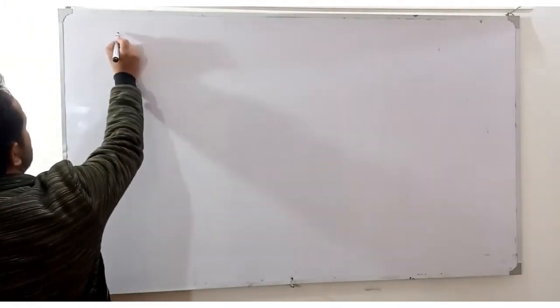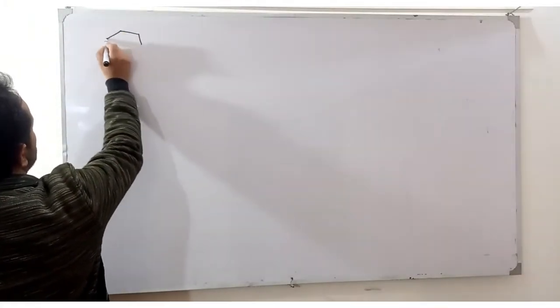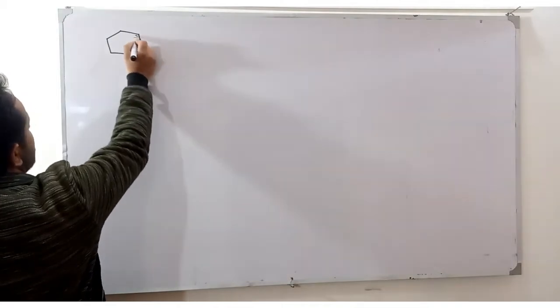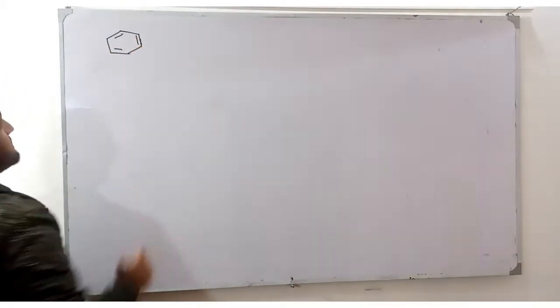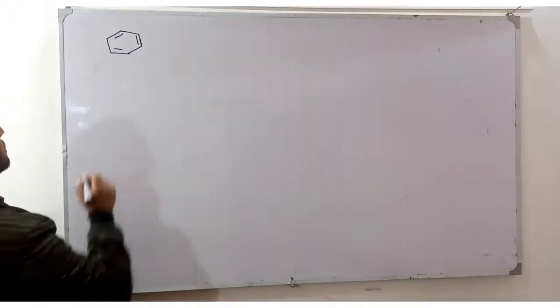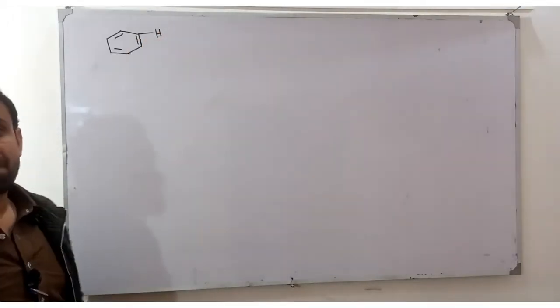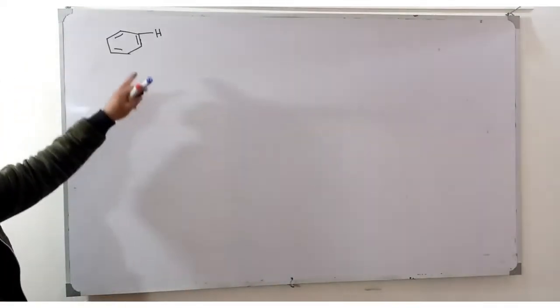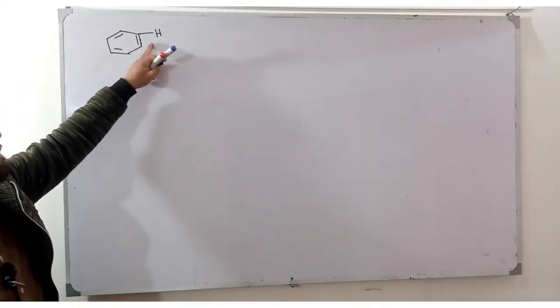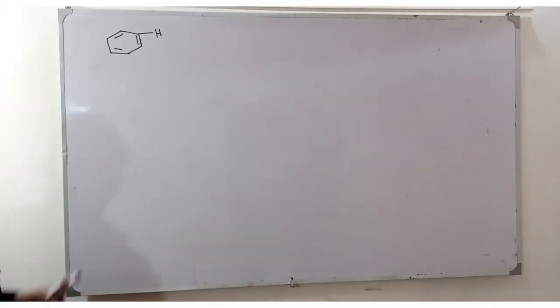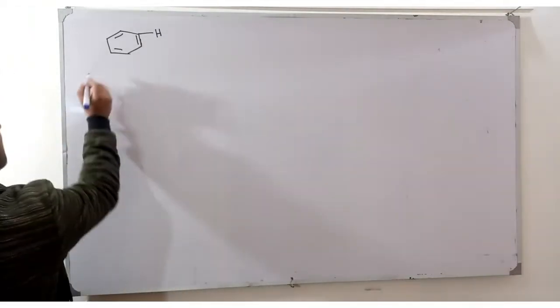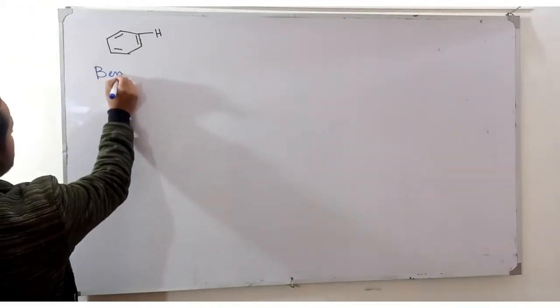You know, students, suppose this is a benzene molecule. We know that the benzene molecule is composed of 6 carbon and 6 hydrogen atoms. Here I show one of the hydrogen atoms of the benzene ring because I want to do the reaction with this hydrogen atom of the benzene ring. So this is simply a benzene molecule.